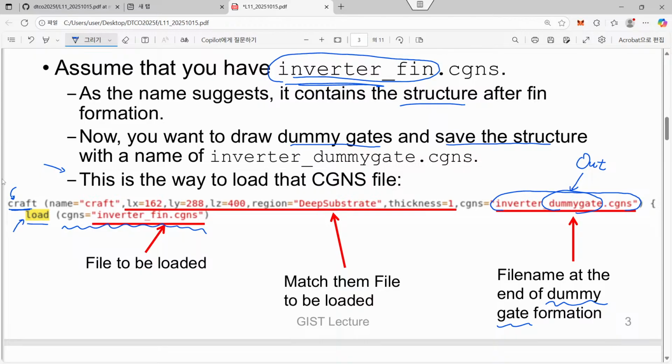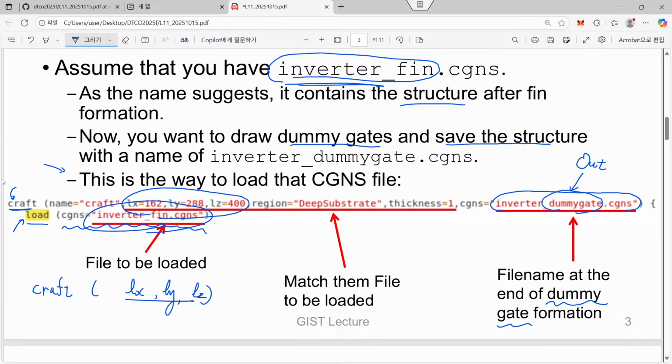Of course, there is a restriction. In order to generate this inverter_fin.cgns, you had to start from the very beginning, craft something, and that has a certain specification of Lx, Ly and Lg in order to assign the size of your simulation domain. That should be kept as before.